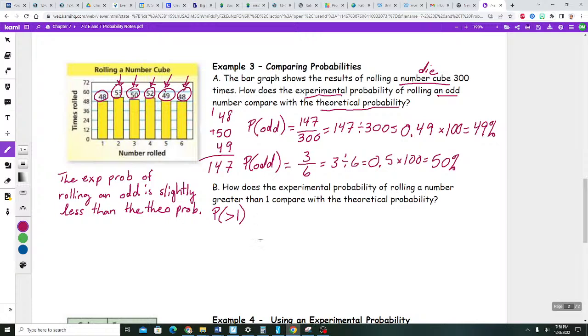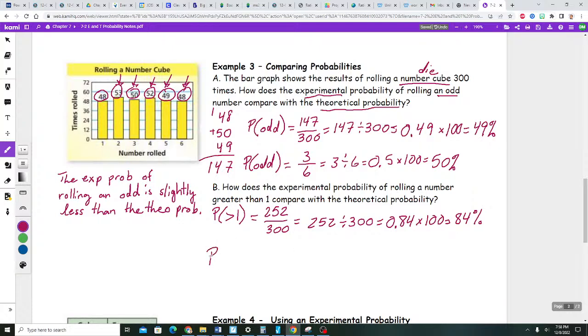I'm going to do that off screen on my calculator. 53 plus 50 plus 52 plus 49 plus 48 is 252 out of 300. So we take 252 divided by 300. That gives us 0.84, times 100, and that's 84% of the time we're getting a number greater than 1.